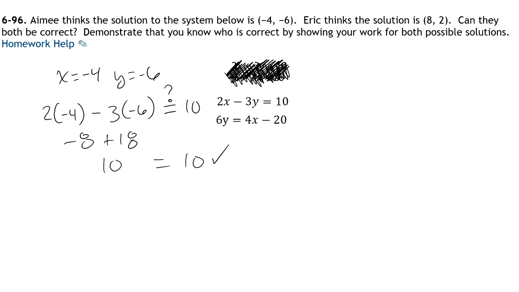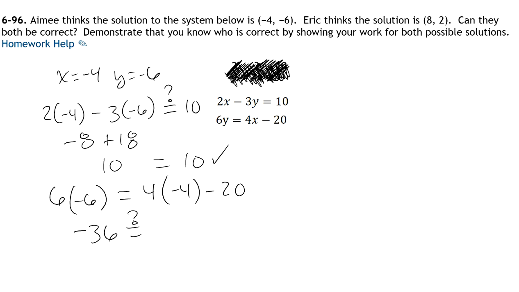So far Amy's off to a good start. It does have to work in both equations, but she definitely has a point that works in the first. Let's try the other equation. The other equation is 6 times y, and y is -6, so I have 6 times -6. And I'm wondering if that's the same thing as 4 times x, which is -4, and then -20. 6 times -6 is -36.